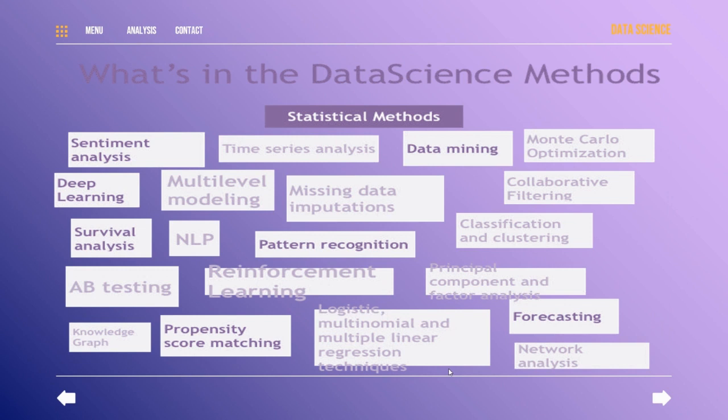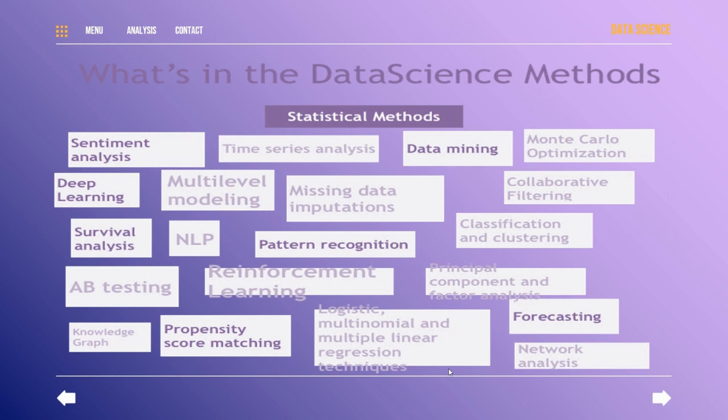And classification and clustering. Classification and clustering will classify the data into numerous types, such as the types of class labels, etc. And then A/B testing. We will test the samples, or we will create a sampling algorithm so that we can test the data. Next, reinforcement learning, principal component and factor analysis, forecasting, knowledge graph.